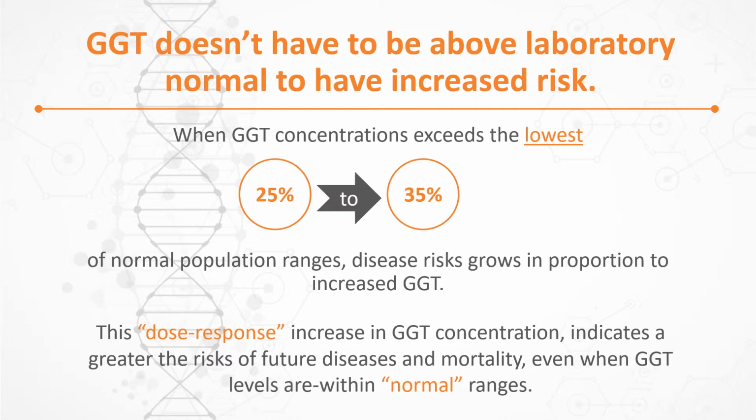When GGT concentrations exceed the lowest 25% of the normal population range, the disease risk grows proportionally. This is a dose-response curve. For every incremental increase in GGT, the all-cause mortality goes up. For every incremental increase in GGT, the hazard ratio goes up.